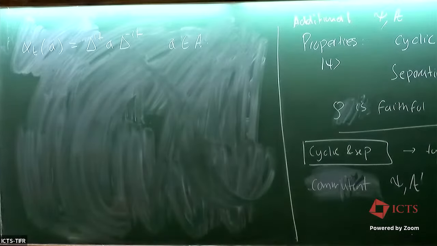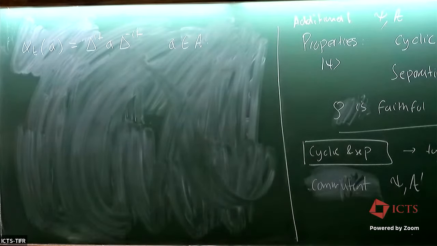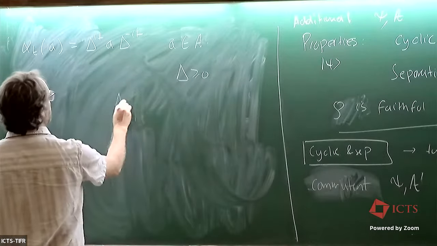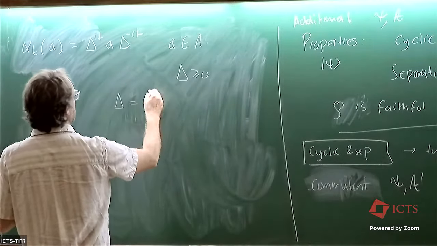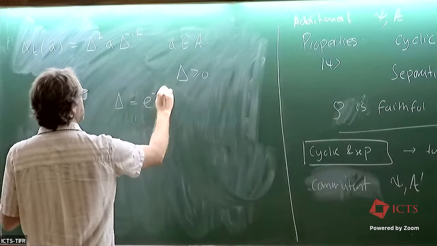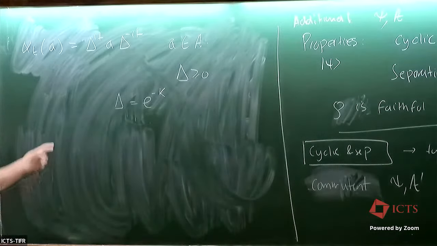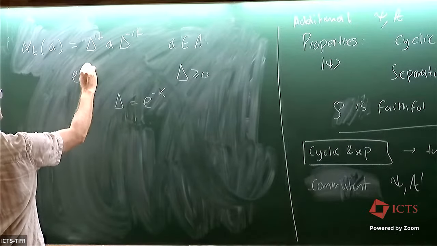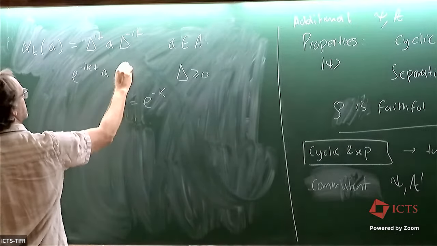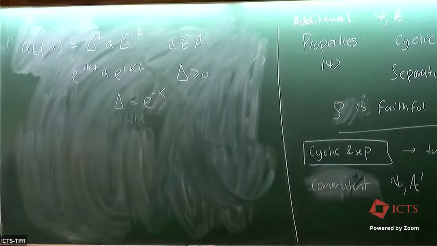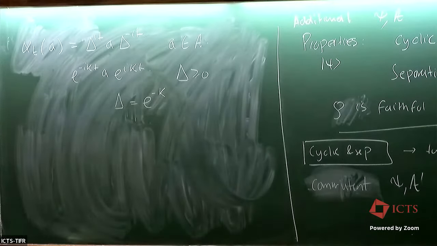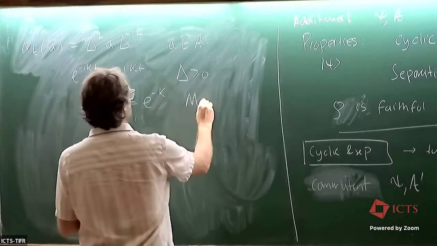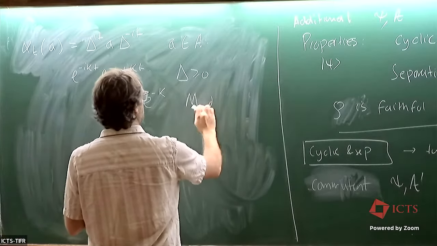So delta is a positive operator, right? So I could write delta as e to the minus k, say. And then this is just like time evolution, right? So e to the i k t, a, e to the minus i k t. And that's all we're doing here. And this flow is called modular flow.